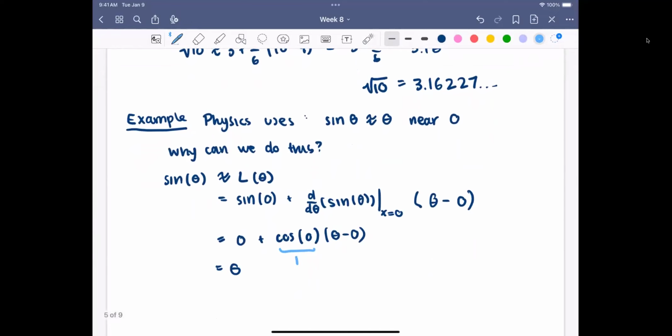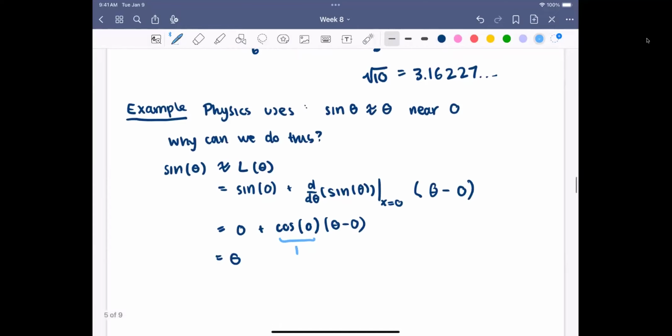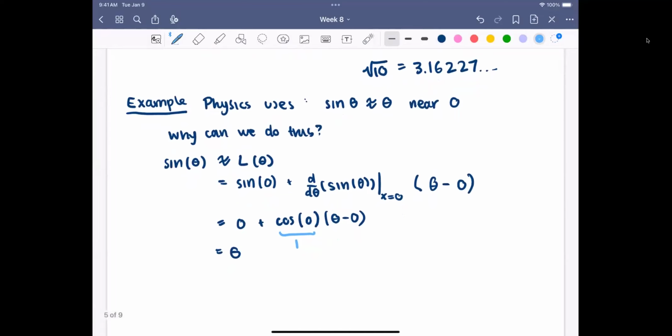Are there questions about that? So how good of an estimate is this? I just plugged in. This would tell me that sine of 1/10 is approximately 1/10, which is 0.1.